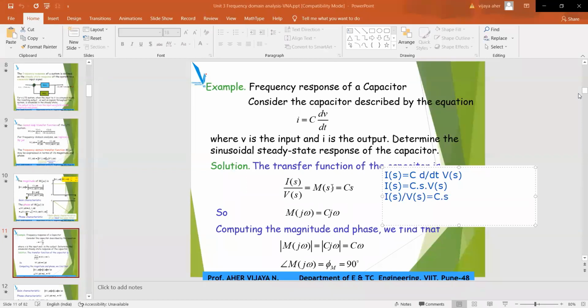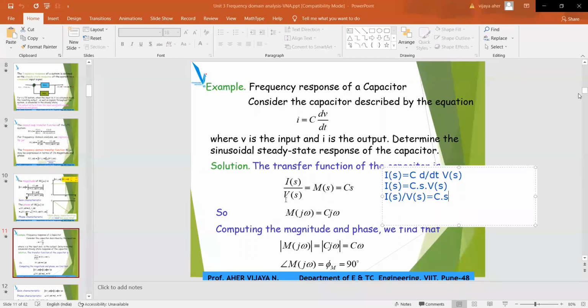So what is the transfer function? The transfer function, denoted by the letter M of S in frequency domain analysis, is I of S divided by V of S. I of S is the output, current, and voltage is the input. So I have taken the ratio of the Laplace of output to the Laplace of input.